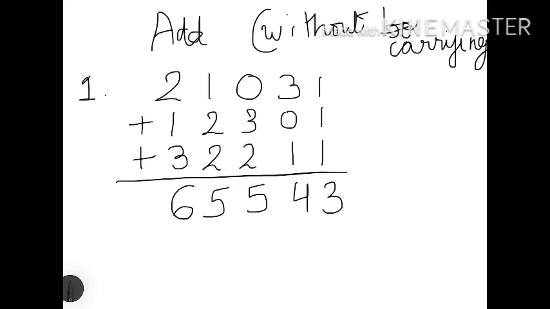We can use the Indian number system to put a comma here. Starting from the ones place, 1, 2, 3, and then we can put a comma here. So this will be your answer, that is the sum, 65,543. Alright students, so this was the addition without carrying.